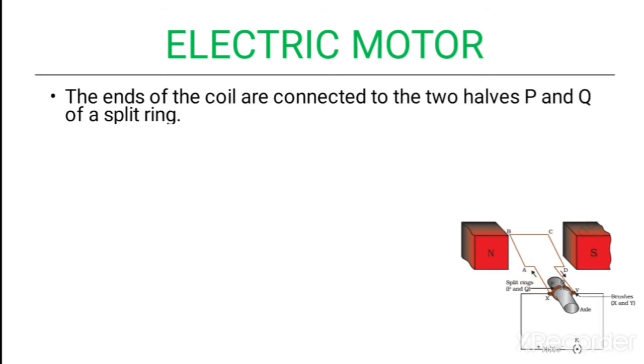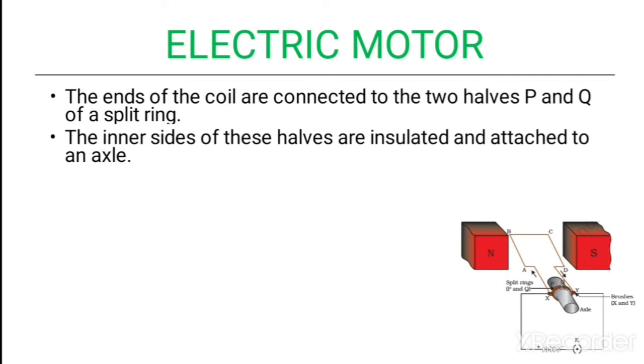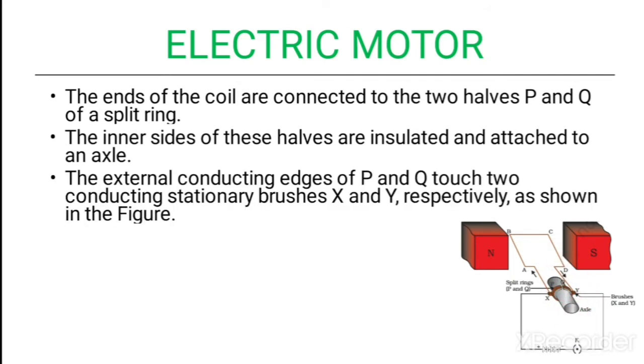The ends of the coil are connected to the two halves, P over here and Q over here. The inner sides of these halves are insulated and attached to an axle.